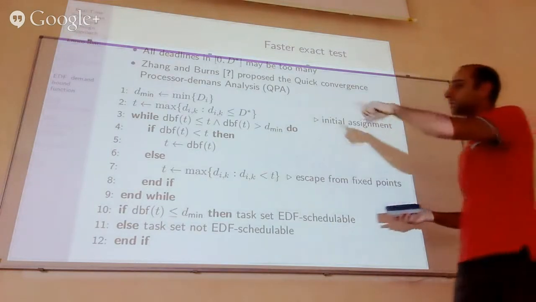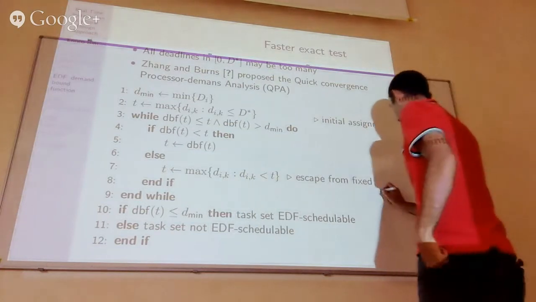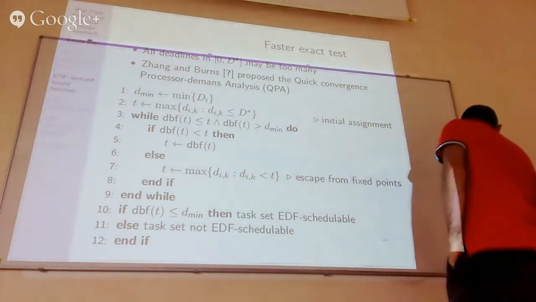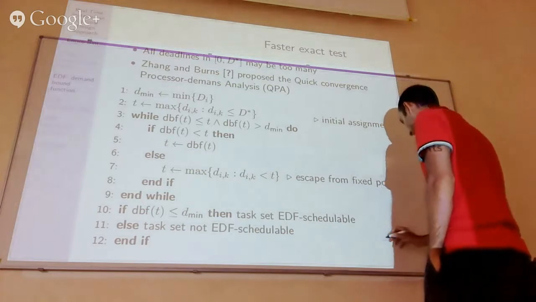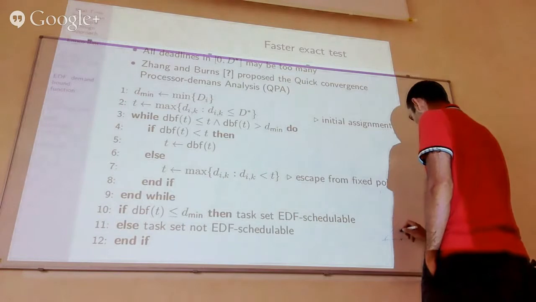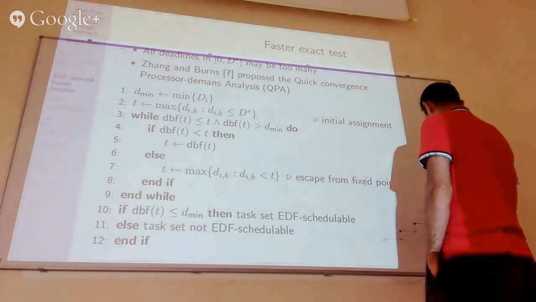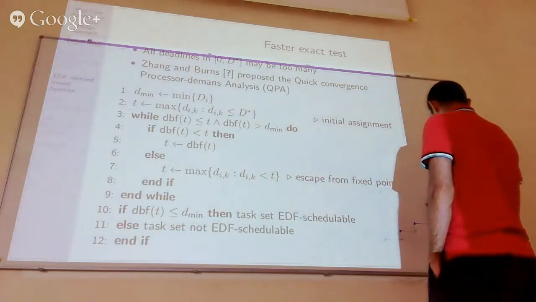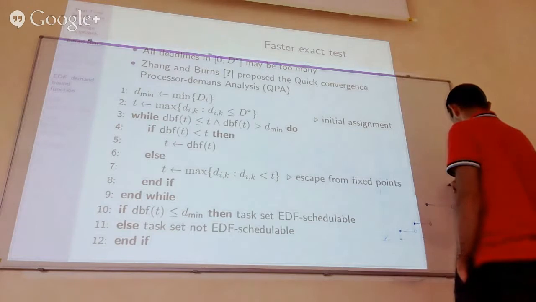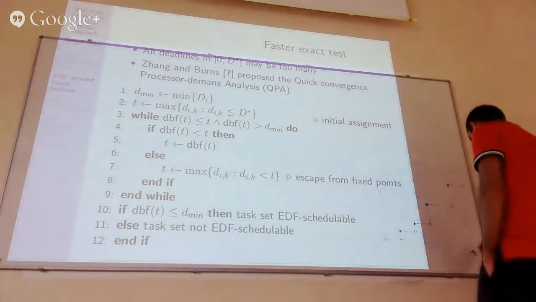While I draw, we go through the algorithm. Let's make the case of a feasible task set. Or something like that. And so the D star is here.